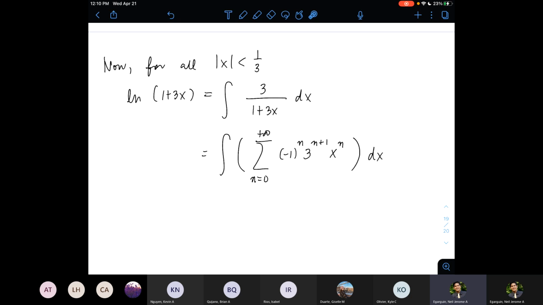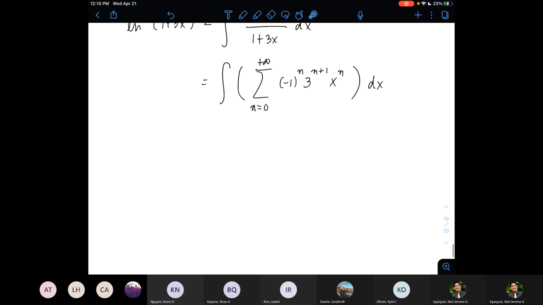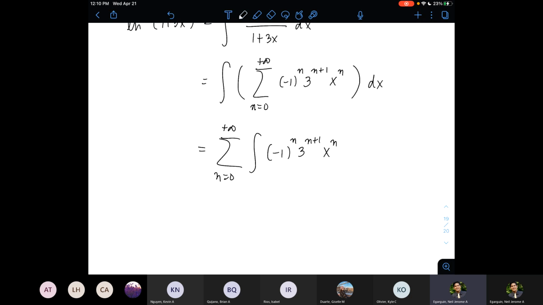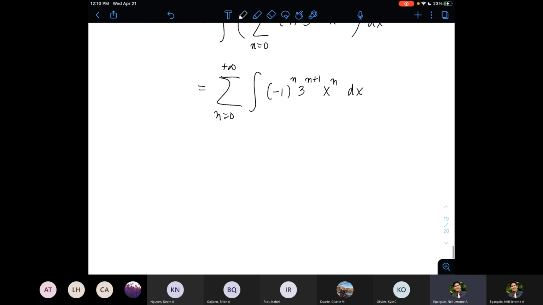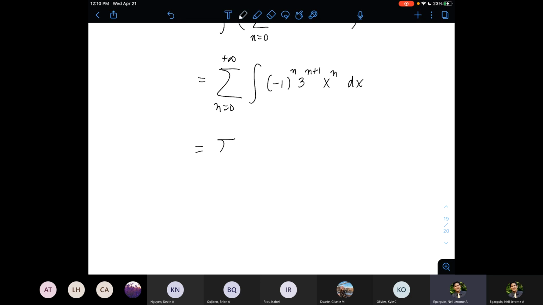So instead of integrating an infinite series of integrals, what I can do here is this. I can put the summation for later and do the integration first, which is fine because the thing inside the integral is a polynomial.